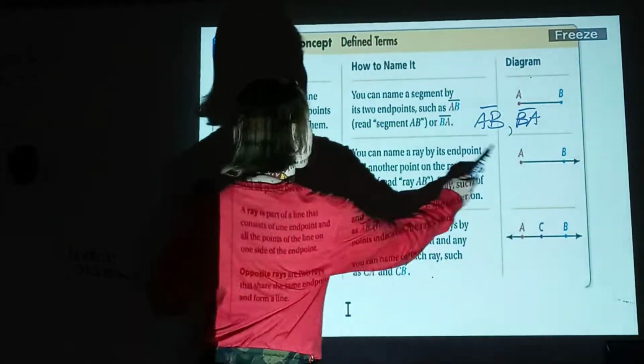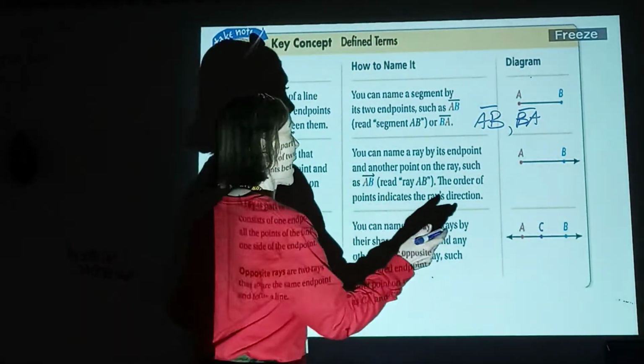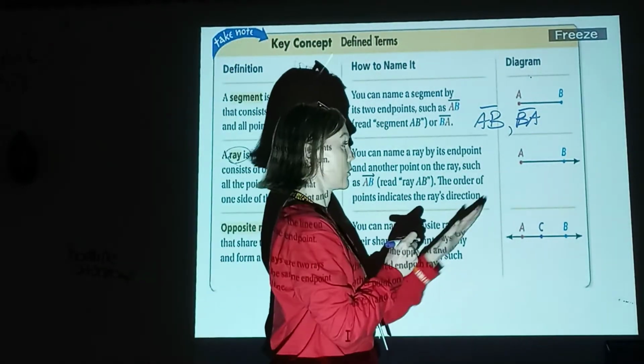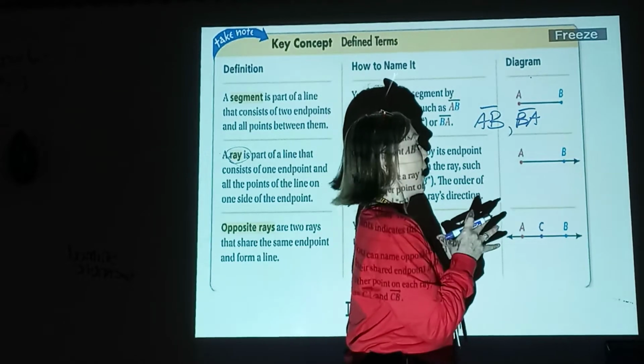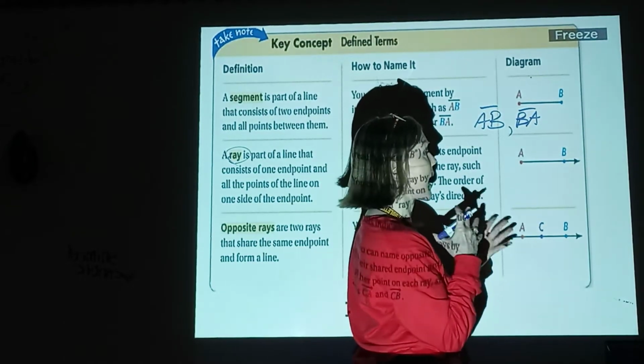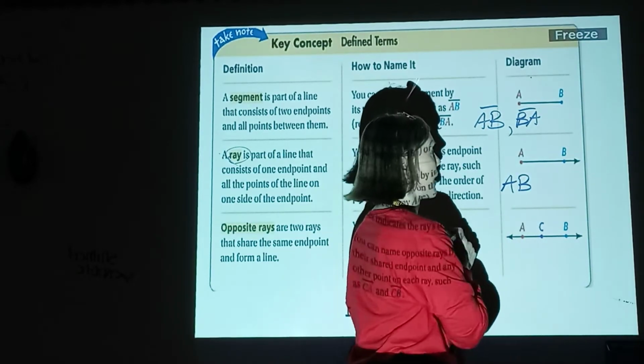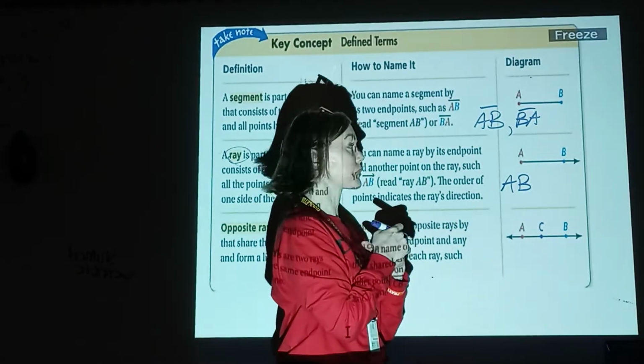Now, here we have a ray. R-A-Y. Draw it. Again, we're still using A-B. So let's write A-B, and here's a distinction.